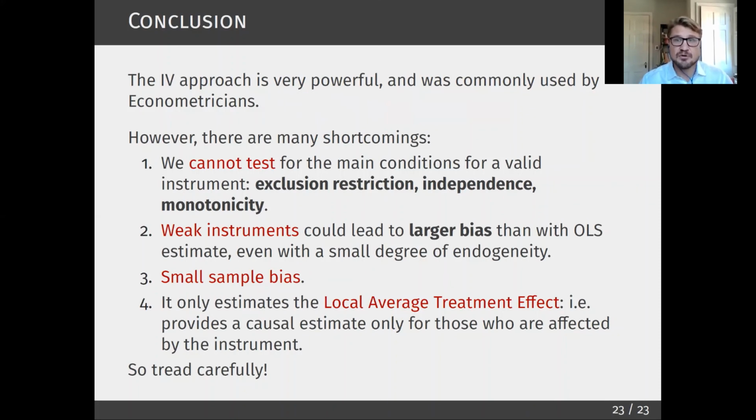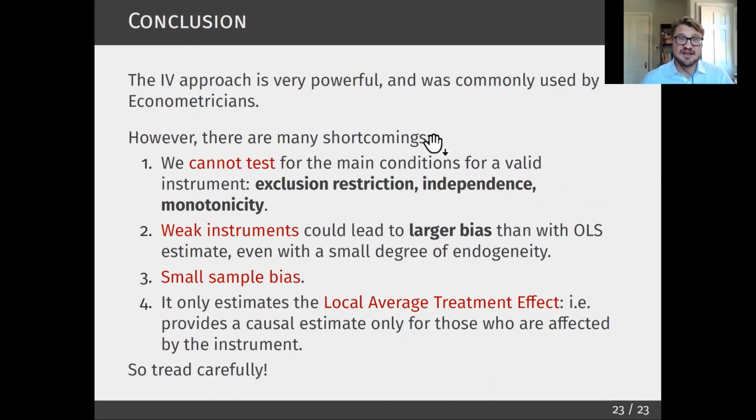The most important concern about this is that we cannot test for the main conditions of a valid instrument, which are the exclusion restriction, independence and monotonicity. So we have to assume that the instrument is exogenous, meaning that the exclusion restriction holds and its independence.